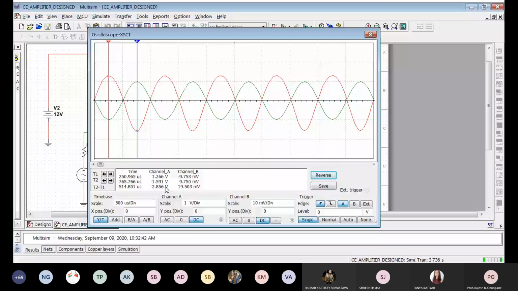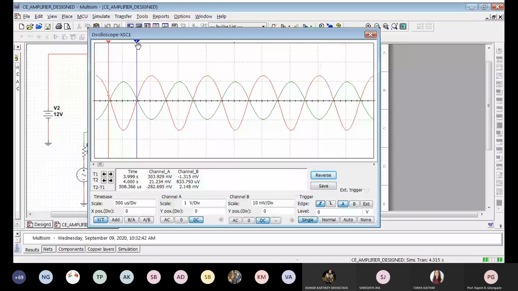It changes, so be careful about that while measuring it. The trace shifts. Okay. So you can see it is 2.8 volts peak to peak that I'm getting.